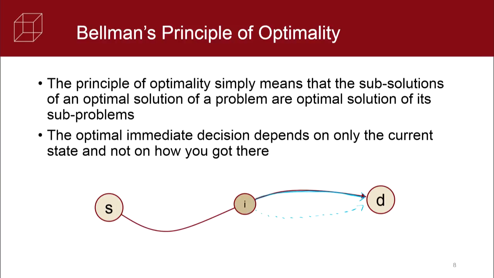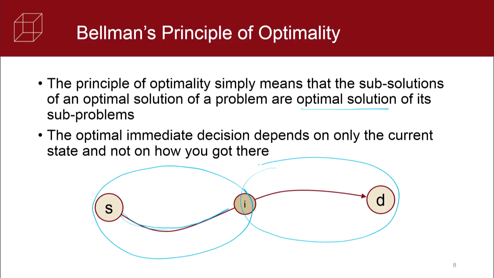So that means if you take a look at the original problem to find the shortest path from S to D, this path must be shorter than this path, and that contradicts the assumption that this is the optimal solution, right? So what we can say here is that the subsolution of the optimal solution of the problem is the optimal solution for this subproblem and the other subproblem, right? That is the meaning of the principle of optimality.